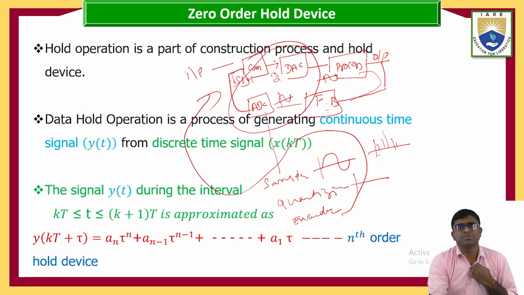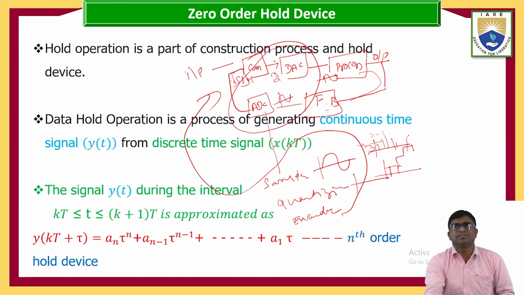When we maintain the voltage levels, the data hold process and the reconstruction process of the discrete time signal take place. For example, if this is 3, this is 4, this is 5 volts, up to 3 it holds the value, then up to 4, like this. This is 0. The whole operation is happening here.